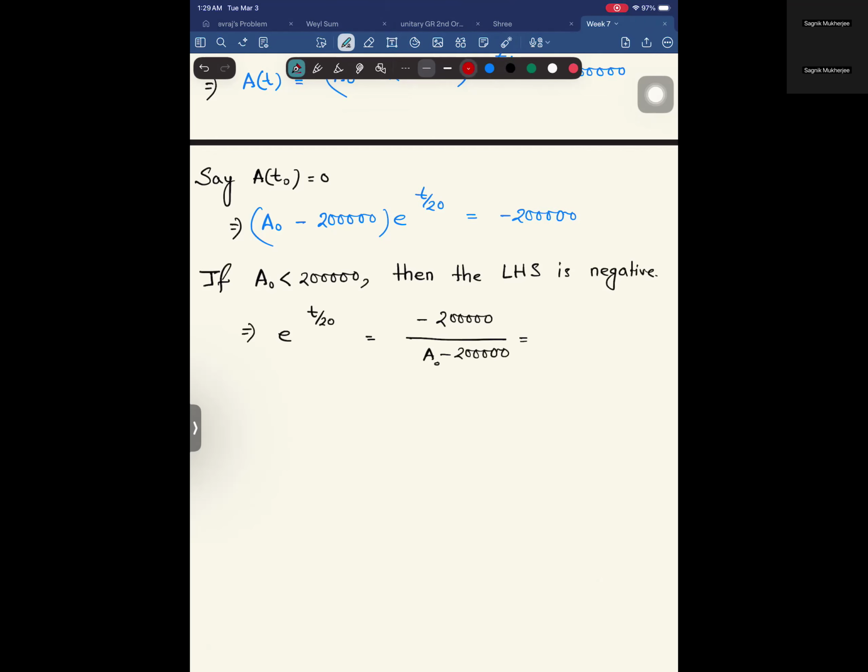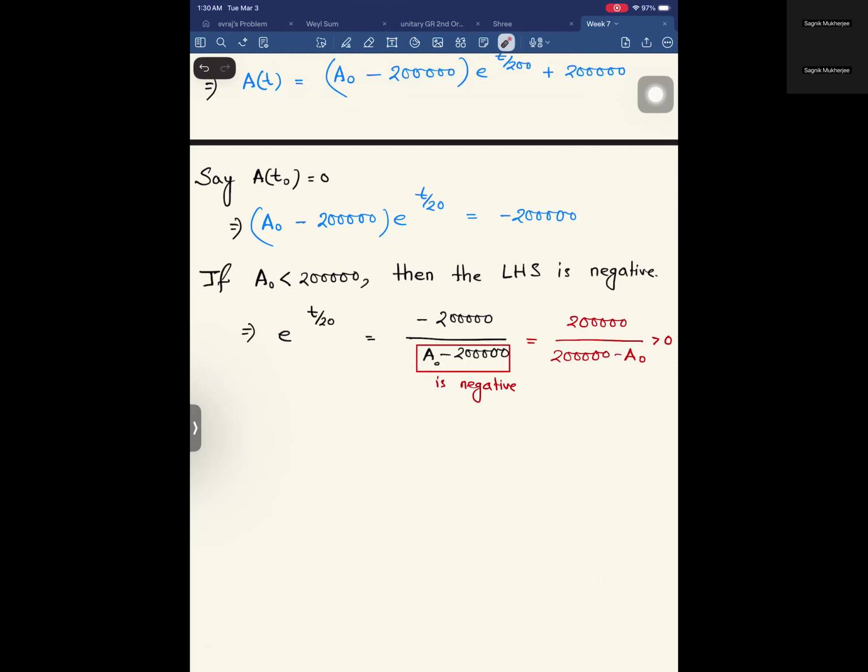But this expression is negative, meaning this guy is positive, right?